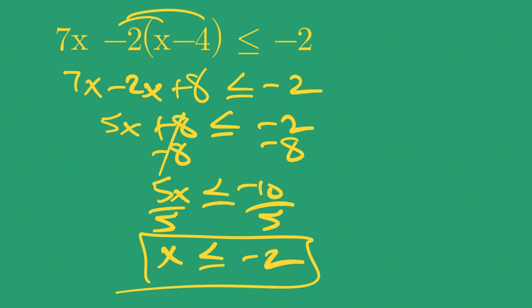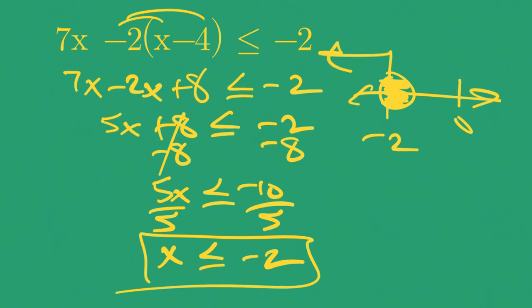All right, number line, 0, negative 2. Open or closed circle for this one? This one's going to be closed. That means you can include negative 2. And where would you find values less than or equal to negative 2? Left or right? Boom, there you go. Arrow to the left.